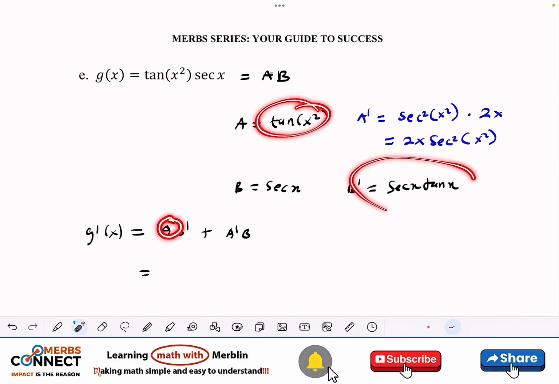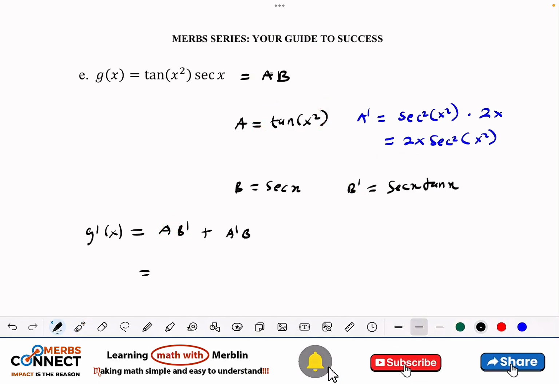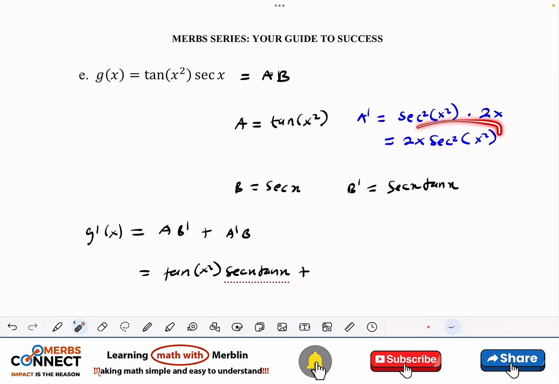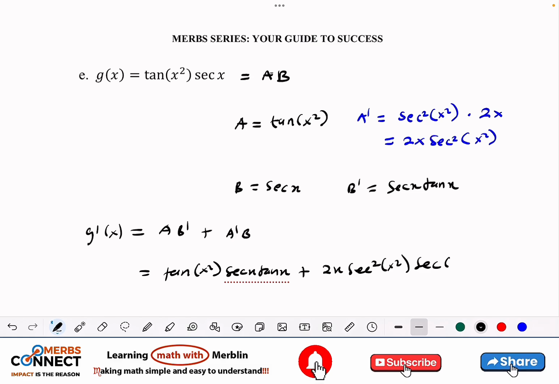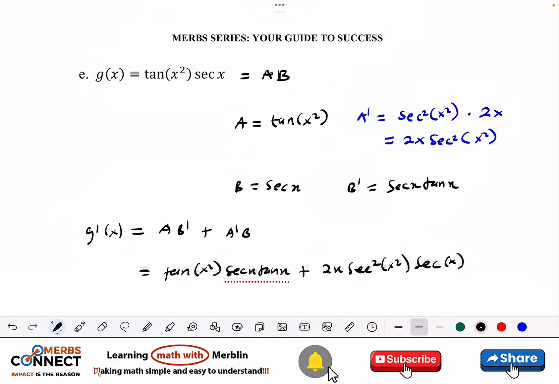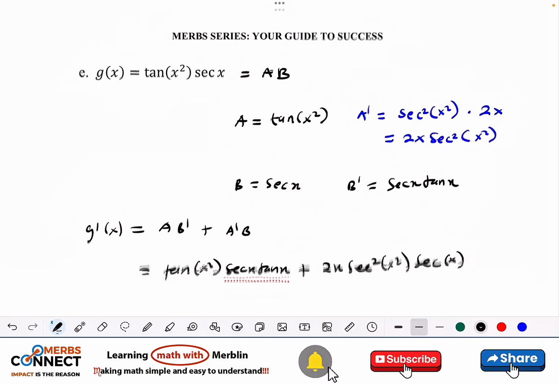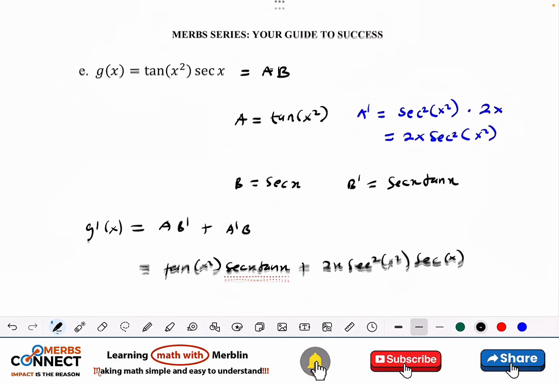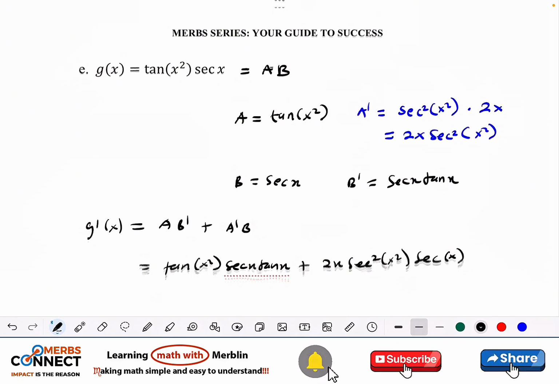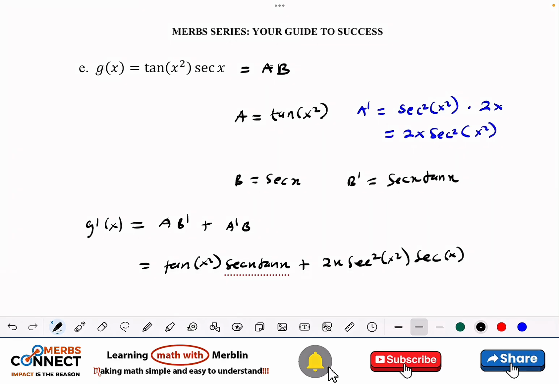A times B prime is going to give us tan x squared sec x tan x plus A prime times B. This is going to give us 2x sec squared x squared sec x. Done. So if you are very good and you know how to differentiate individual functions using the rules, then you are done.